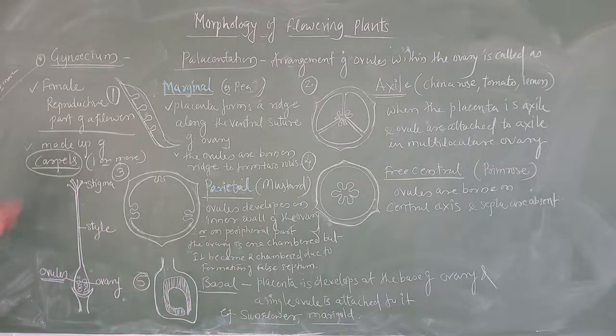This is about the carpel. Now I am going to explain the carpel in a simple way. The gynoecium is the female reproductive part of a flower, made up of one or more carpels, and each carpel consists of a swollen or enlarged basal part called the ovary.